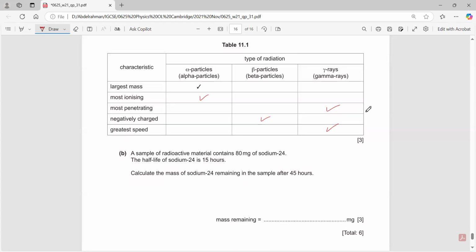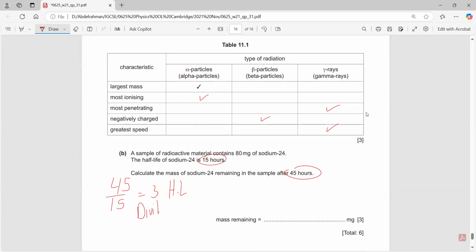A sample of radioactive material contains 80 milligrams. The half-life is 15 hours. Find the remaining sample after 45 hours. You need to divide the total time by the half-life, which gives 3 half-lives. What do I mean by 3 half-lives?